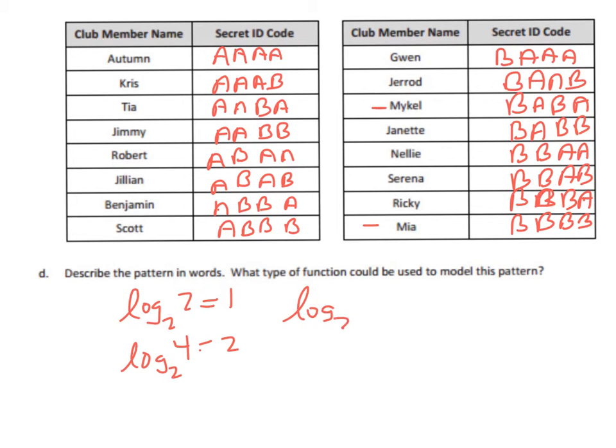Log base 2 of 8 was equal to 3 letters, 3-digit codes. And log base 2 of 16 gave me 4. So that's the pattern we want to look at and connect it to logs versus exponential, which is a direct relationship to this. So let's look at some more and keep this pattern thing going.